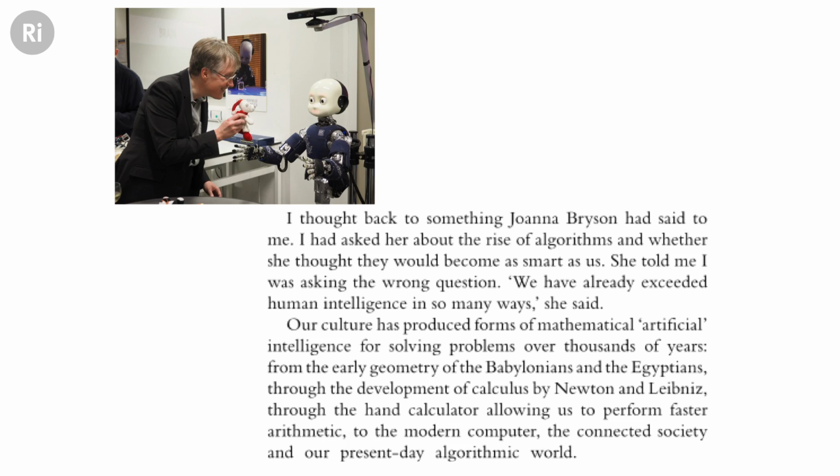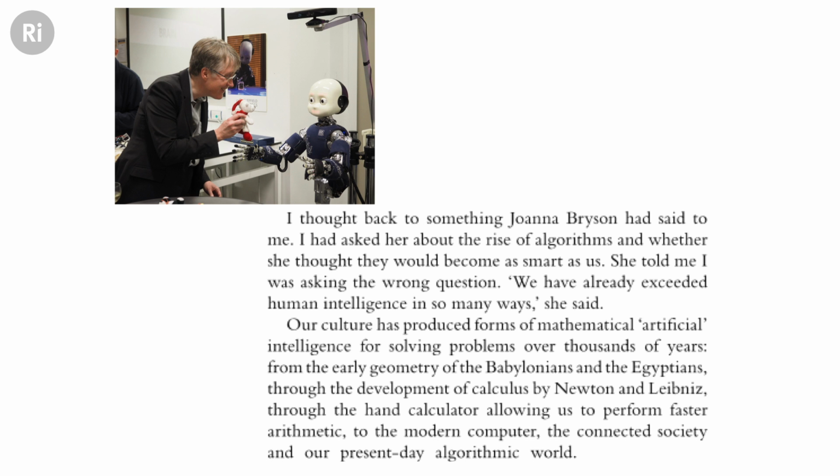But she was very interesting because she was very skeptical about artificial intelligence, and I thought it would be nice to end my own presentation on what she said. I'd asked her about the rise of algorithms and whether she thought they would become as smart as us. And she told me I was asking the wrong question. We've already exceeded human intelligence in so many ways.